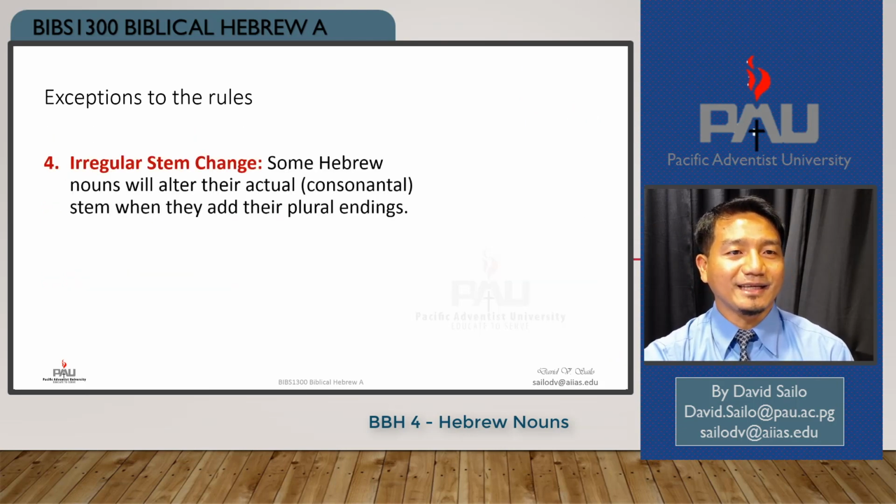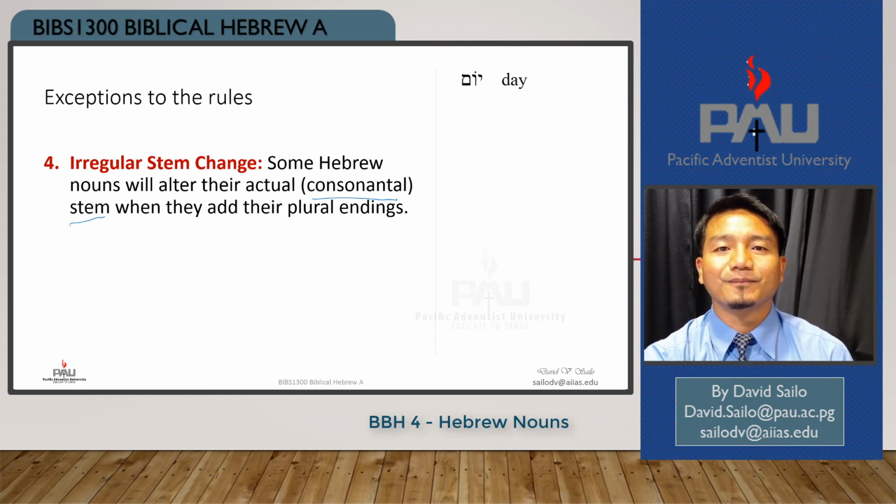Again, let's see, irregular stem changes. There are some Hebrew nouns which will alter their actual consonantal stem when they add their plural endings. We'll talk about stem later, okay?